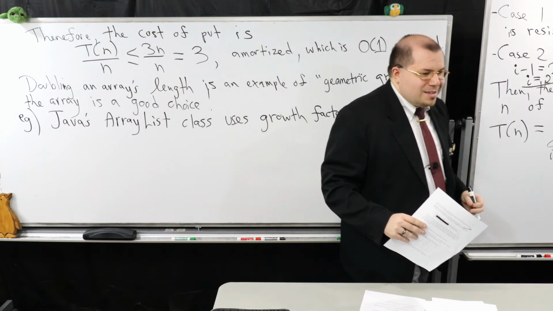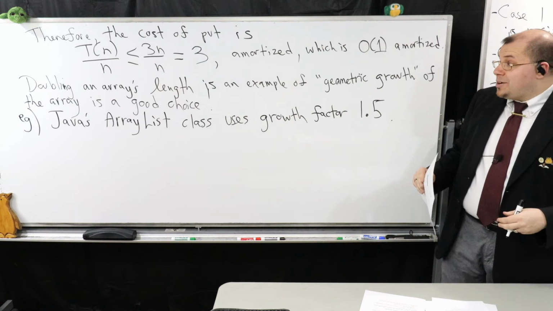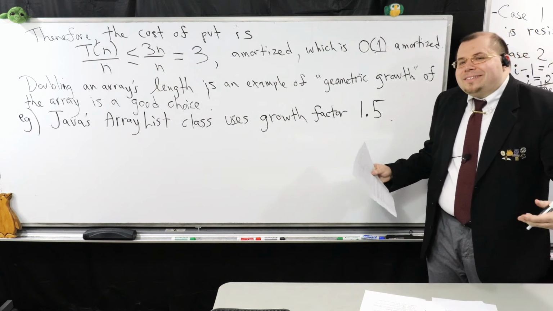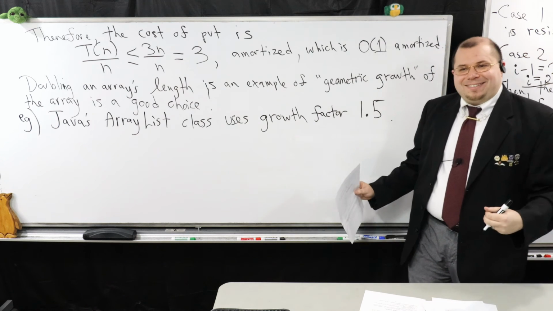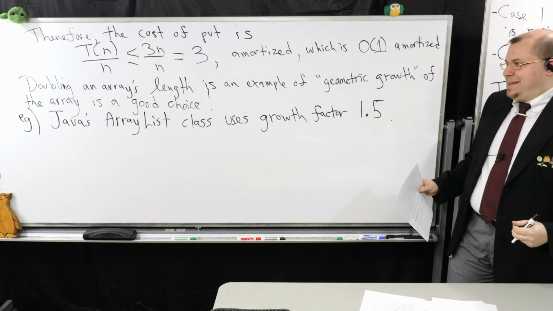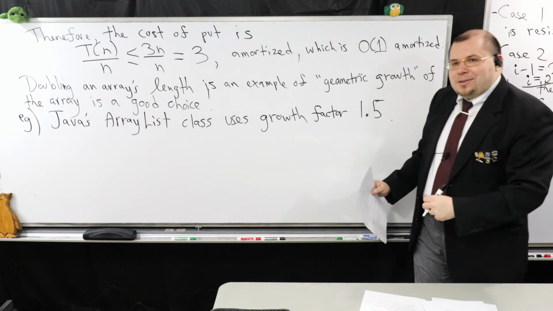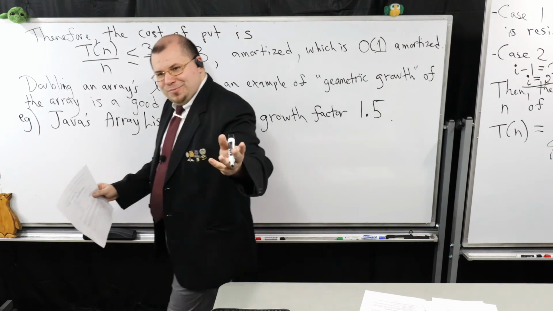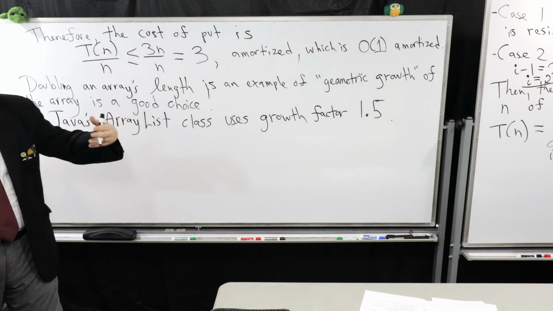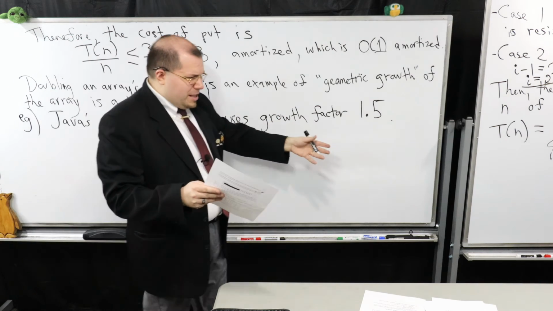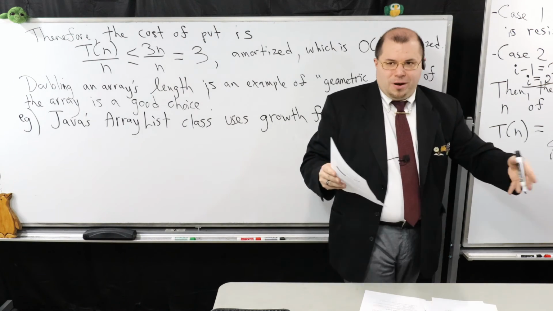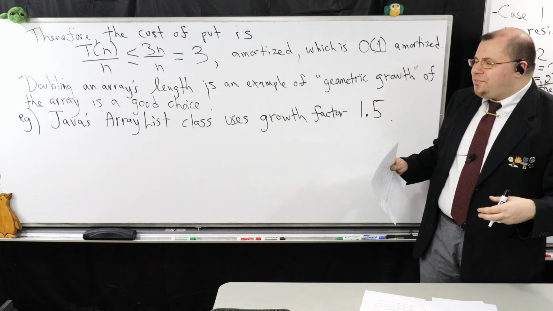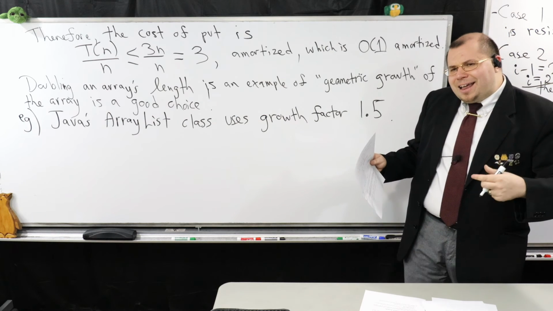So doubling the length of an array or making it 1.5 times bigger, this is a rather good way of resizing an array, at least theoretically speaking. Now, you might ask, Dan, what if instead of always doubling the length of the array or tripling it or making it 1.5 times longer, I add a constant?